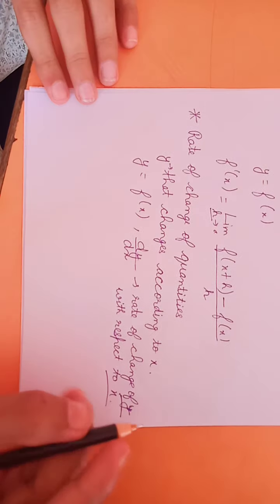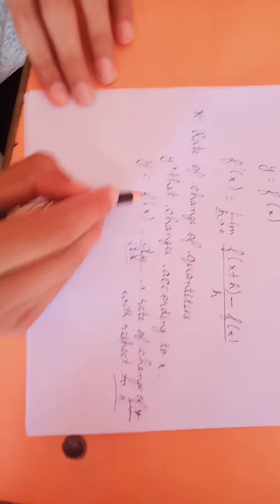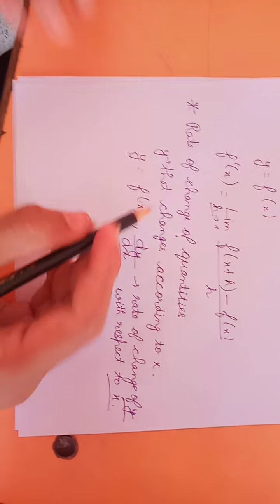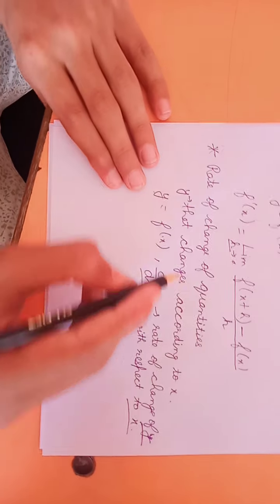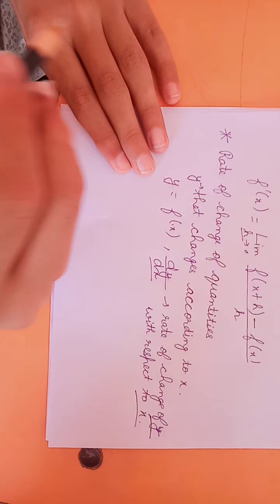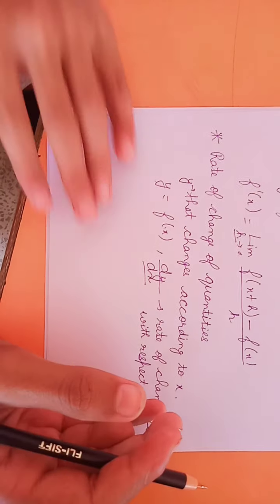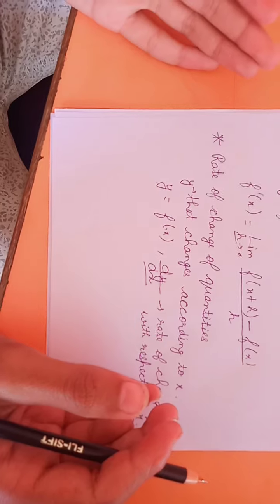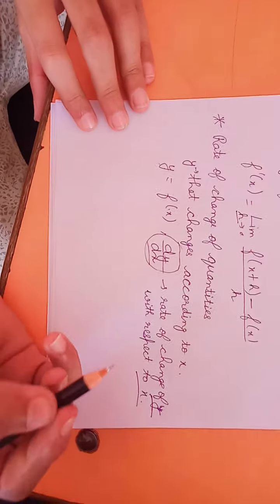Means if we are given a function y is equal to f of x, then in f of x we will have some values, and we put values of x, and according to the values of x, what we get in y will be our differentiation, our dy by dx.